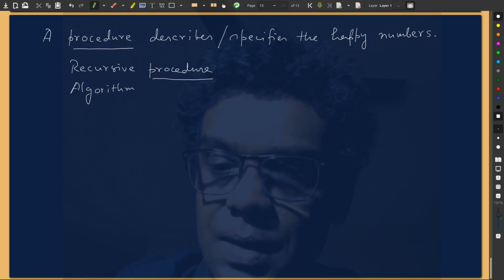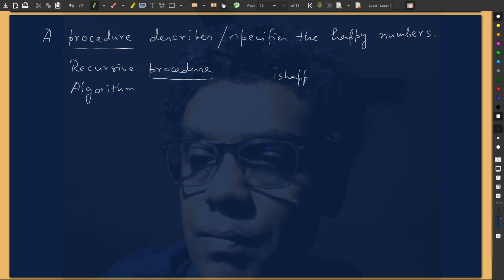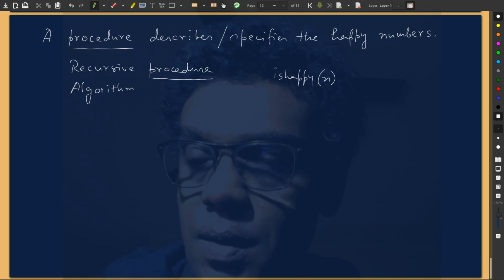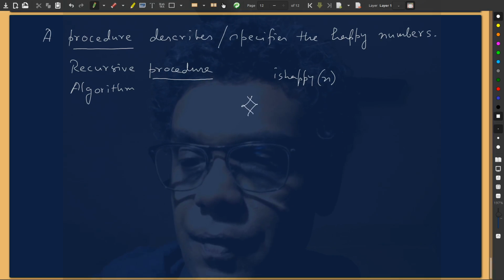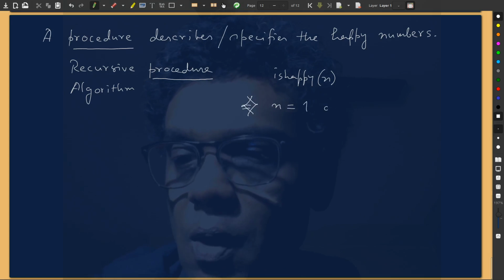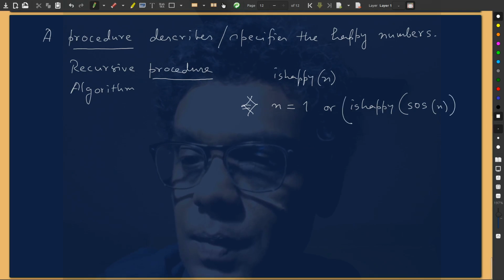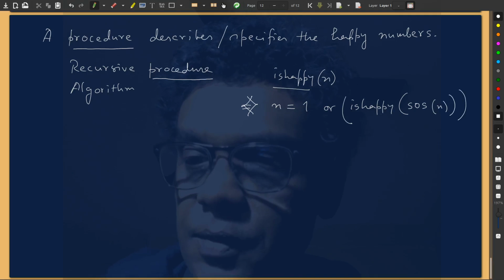Okay. Now definitely, since this is a recursive procedure, is happy n if and only if n is 1, it has reduced to 1, or is happy of, let's say, the sum of squares of the digits of n. Okay, so this is a recursive call.